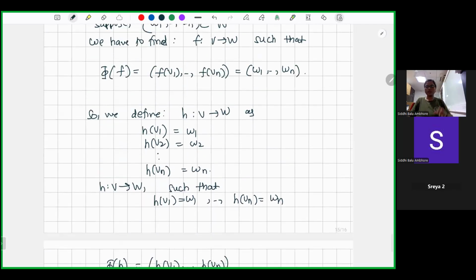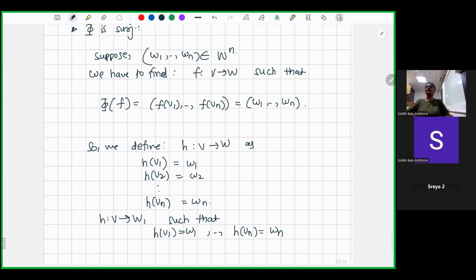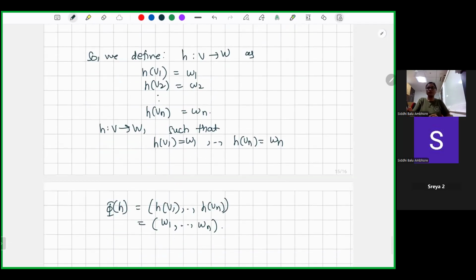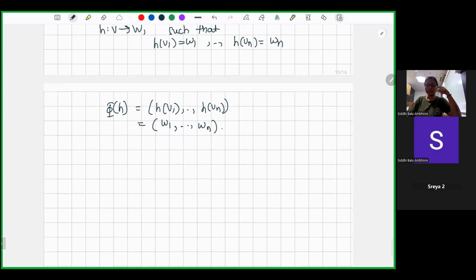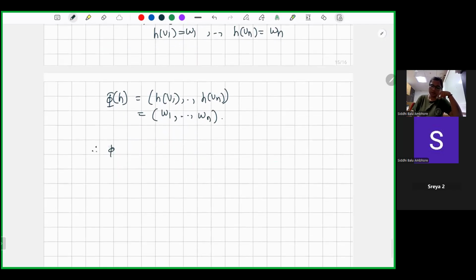So for f, we wanted to find a map from V to W that satisfies this equation, and we just define this map h from V to W, because the moment I have information on the basis, I have the information on the entire domain. Therefore this phi is surjective as well.